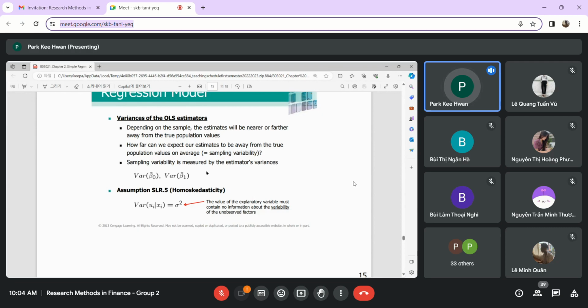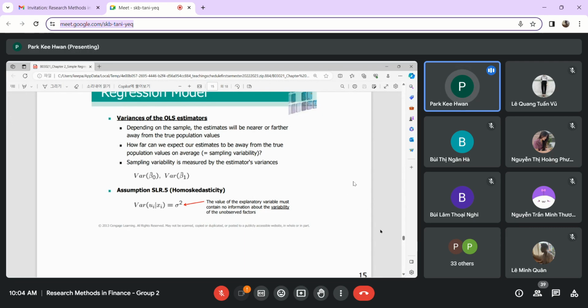Now, how do we measure sampling variability? We measure it by the variance of the estimator. So we measure the variability by the variance of this estimator.